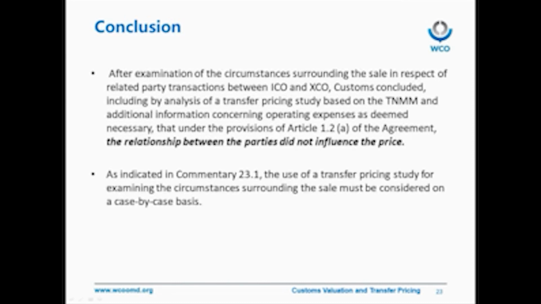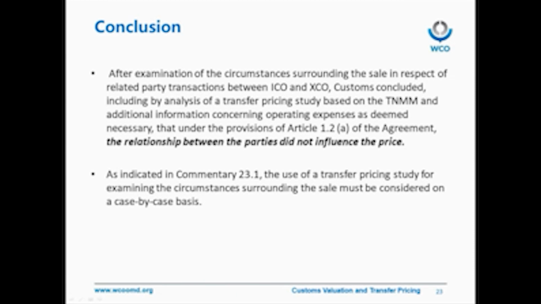So with all the information, what's the conclusion? What's the conclusion of customs? After examination of the circumstances surrounding the sale, in respect of related party transactions between ICO and XCO, customs concluded, by analysis of a transfer pricing study based on TNMM, that the relationship between the parties did not influence the price.